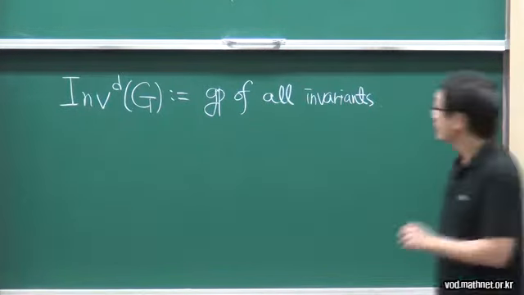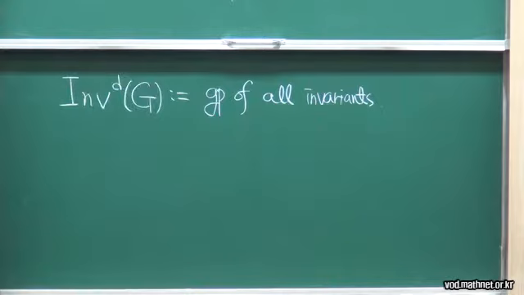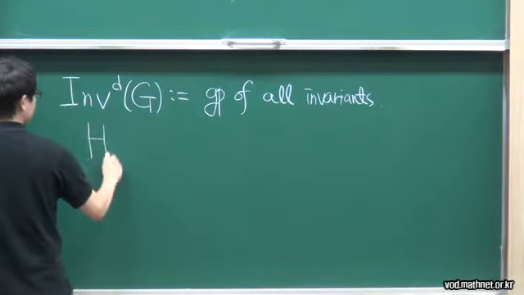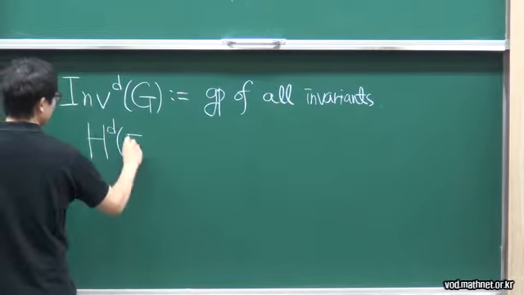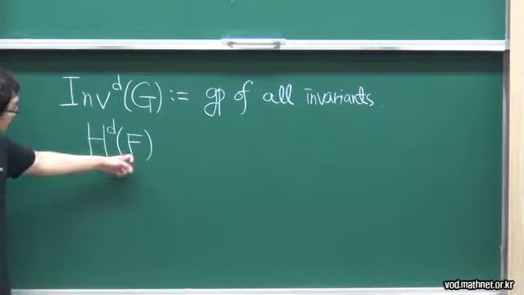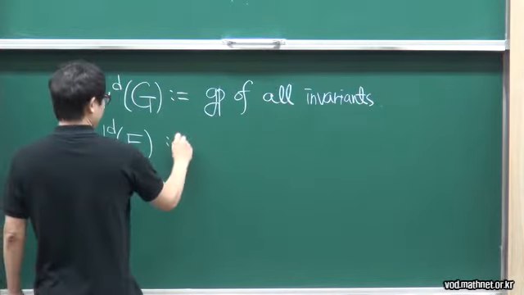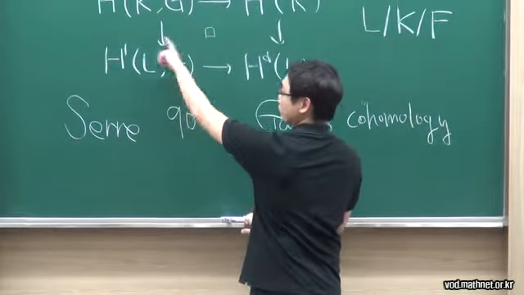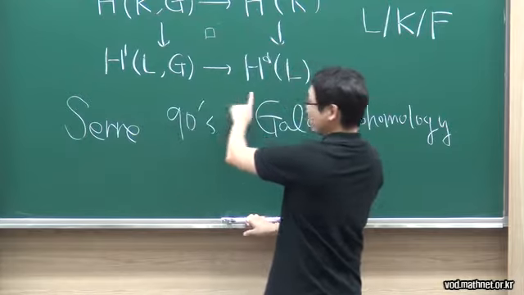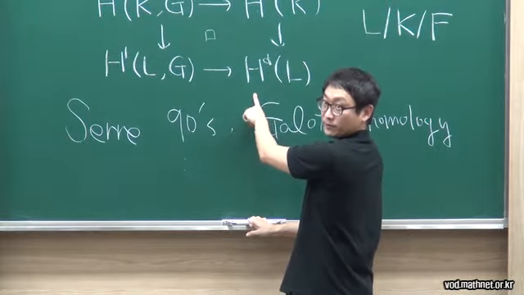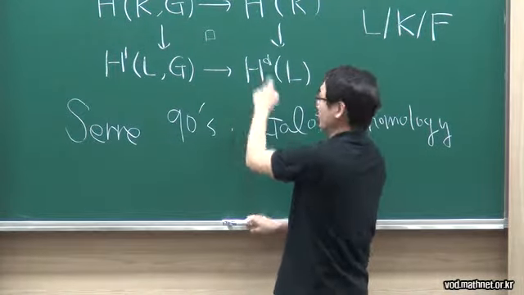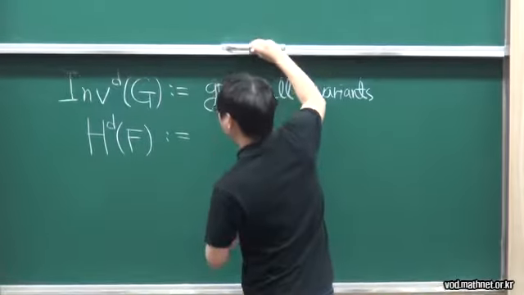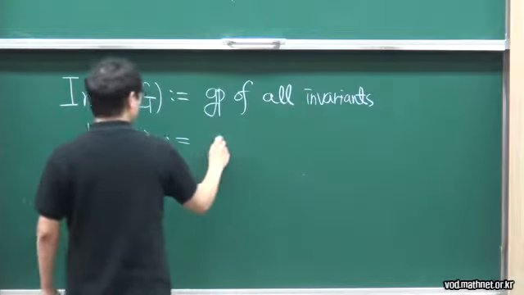And we have an obvious invariant. This is an element of H^d of F, the base field. So any G-torsor goes to an element of H^d of F. It's called a constant invariant.